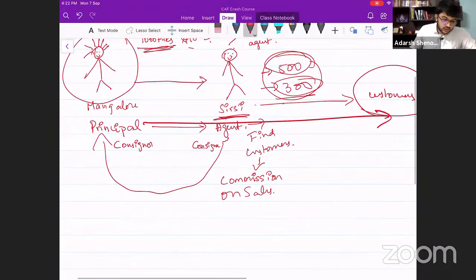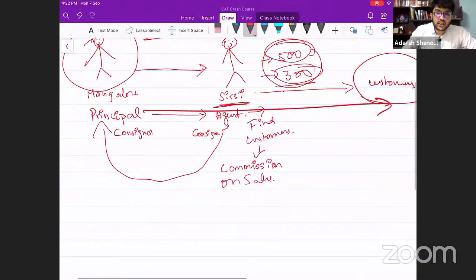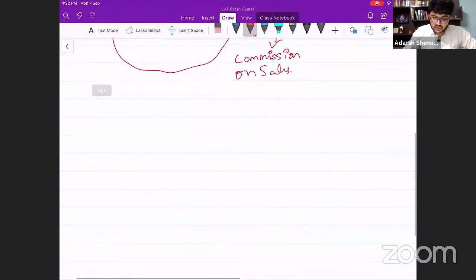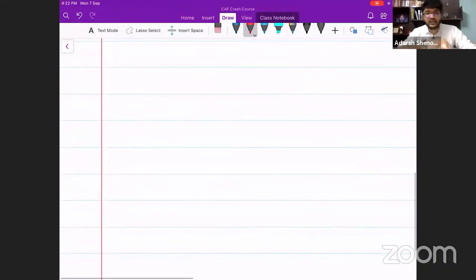Okay. Now, some silly questions I'll ask. When I send the goods in the truck, there's an accident. The goods are lost. Whose loss is it? Consignor's or consignee's loss? It's consignor's loss. Why? Because the risk attached to the goods is with whom? Consignor.